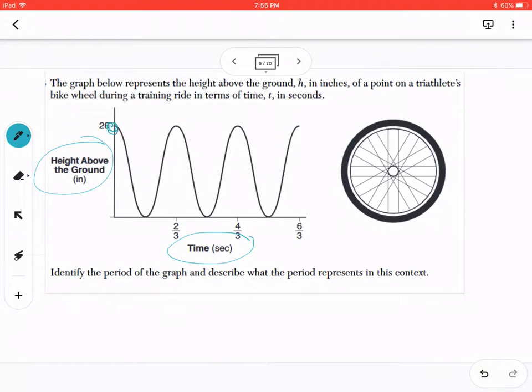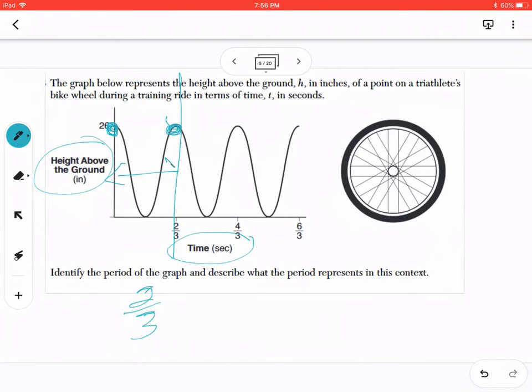So we're starting at this maximum point, before they even start the race, at 0 seconds, the wheel starts at a position of 26 feet above the ground. And it's going to get back to that same position after one full cycle of this bike wheel. That's going to happen at the period, which is the amount of time it takes for that cycle to complete itself.